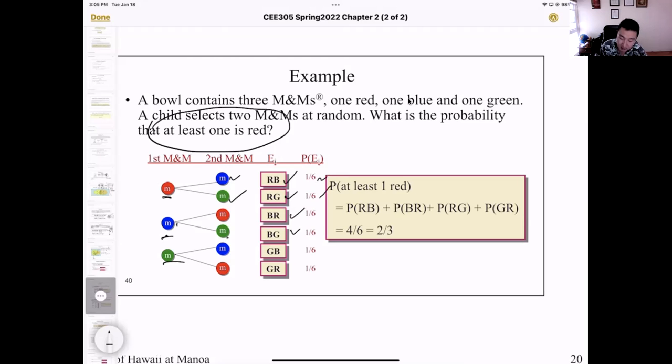Also 1/6 each. So at least one red includes red, blue; red, green; blue, red; and green, red. We have 4 events, and each event has 1/6 chance. So that is 4/6, or 2/3. Another example of using the counting method.